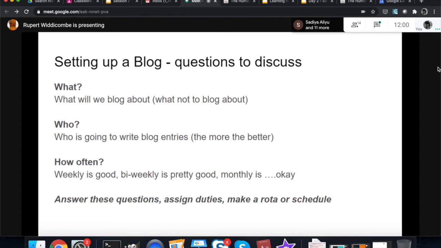Especially if the blog entry can be really short, a really short item and then a link to something. That means you are looking out for interesting things to share with your readers. So it changes how you interact with information in your world. And that's good. I think people find they enjoy running a blog.